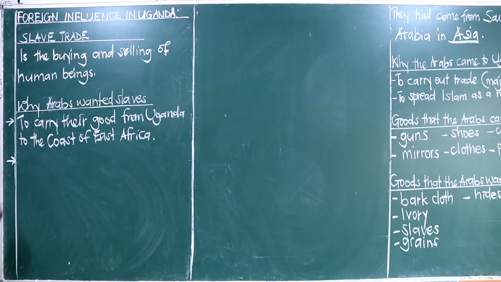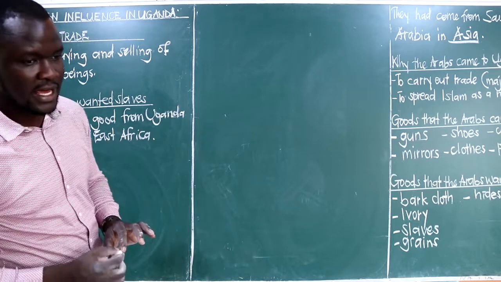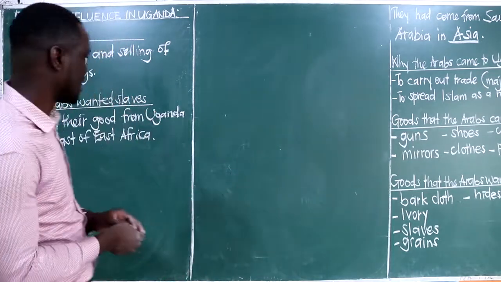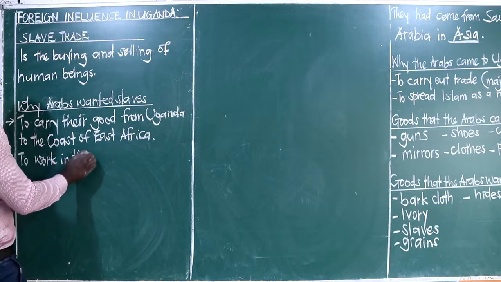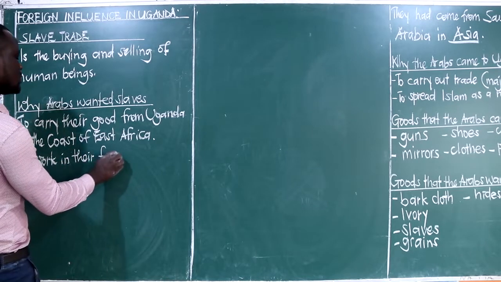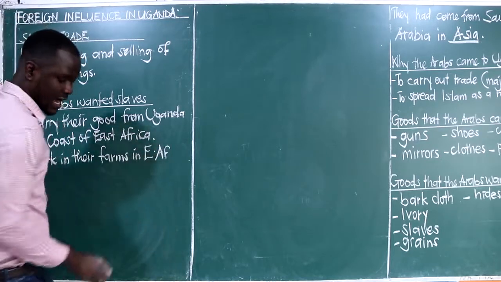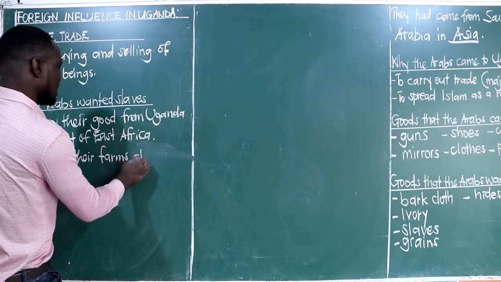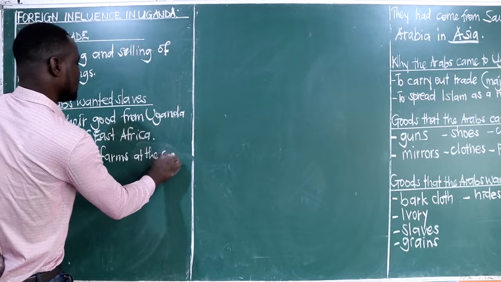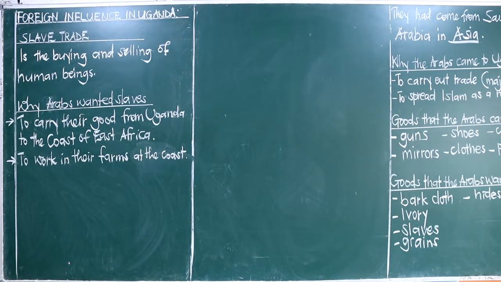And then reason number two, the Arabs had settled at the coast, remember, and they had established some of their farms there. So they wanted these people to work in their farms at the coast of East Africa. So those are the main reasons that the Arabs wanted slaves.